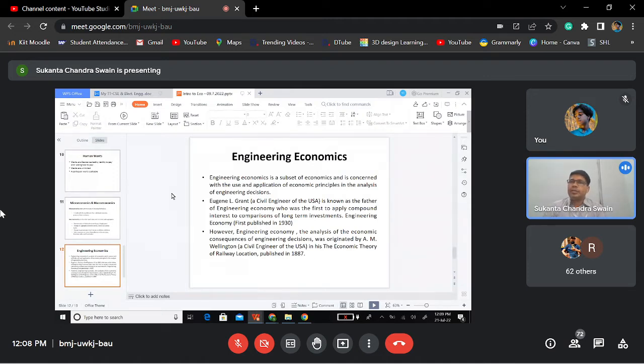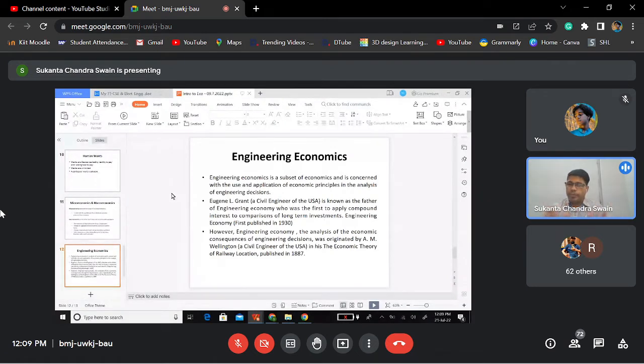Still, if I'm getting only that much return which I am going to get from the bank, then why should I go for the investment? So therefore, Grant, being a civil engineer also, introduced this compounding interest concept in the comparison of long-term investment, and he is treated as the father of engineering economics.